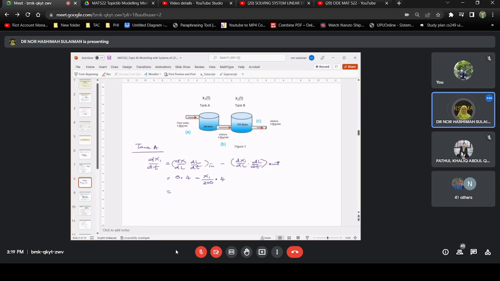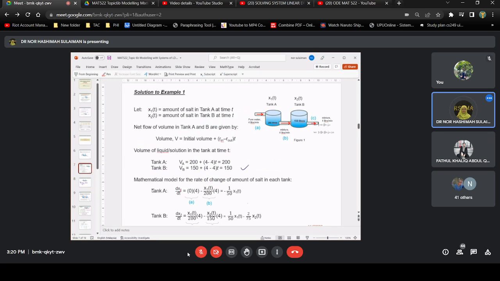Okay. So dapat apa dia punya ni? 0 kali 4? 4 kali 1, 4 kali berapa? Betul tak? Betul. Dapat ni kan? Betul. Okey, nampak tak?